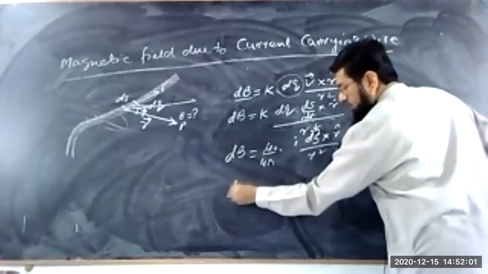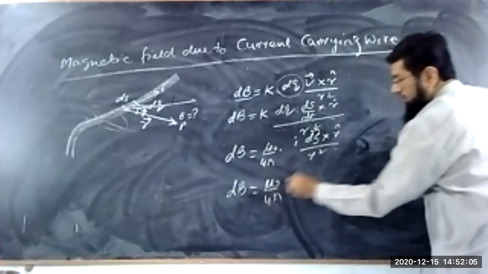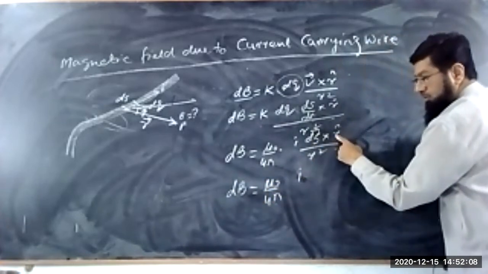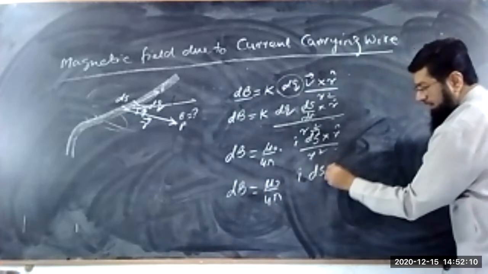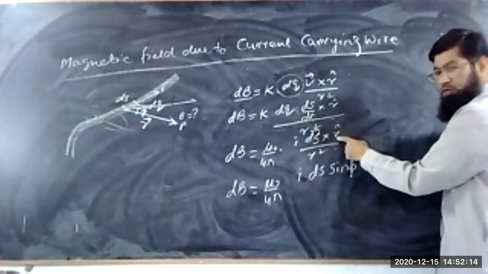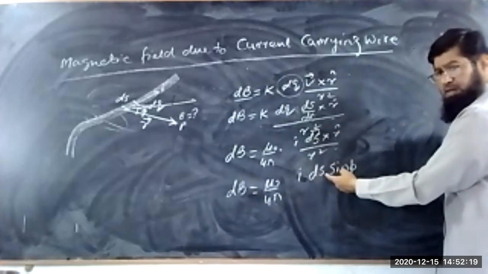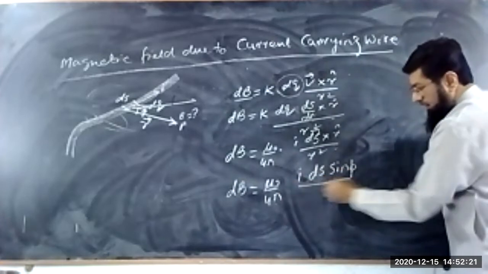This equation can be written as dB is equal to mu naught over 4 pi I ds into r is equal to ds sine of angle phi, because the cross product of these two vectors is again ds into unit vector. You don't need to write it, its magnitude is 1 upon r square.